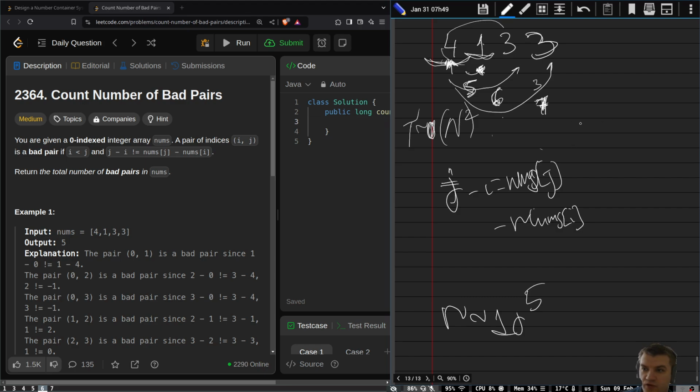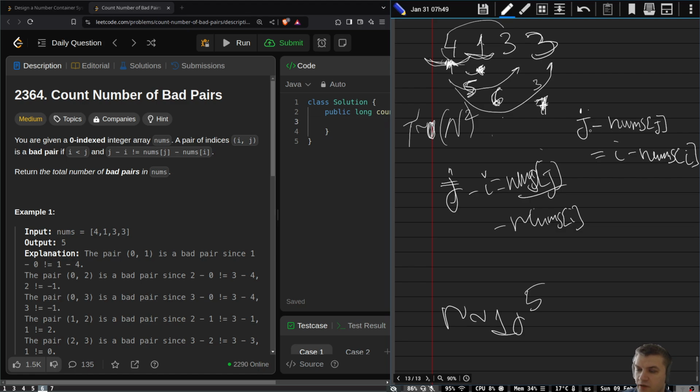What if I move j minus i equals nums j minus nums i? Okay, I guess I got it. If we have this equation, I can just move the parts so that j is on the left side: nums j minus j equals nums i minus i.